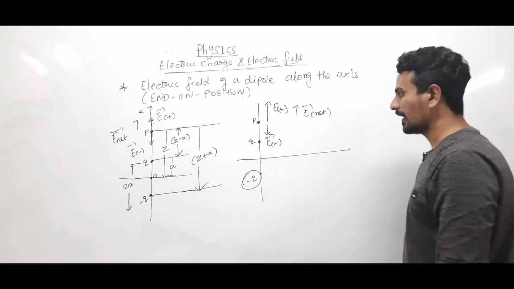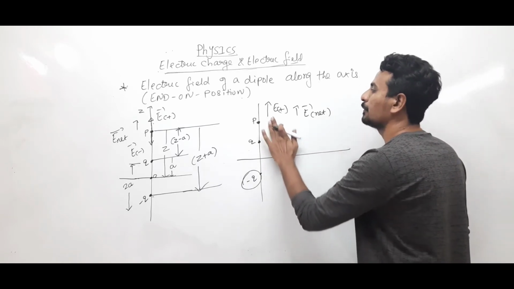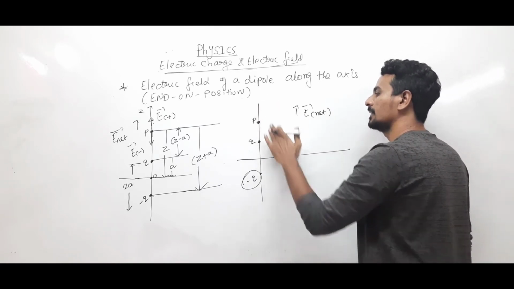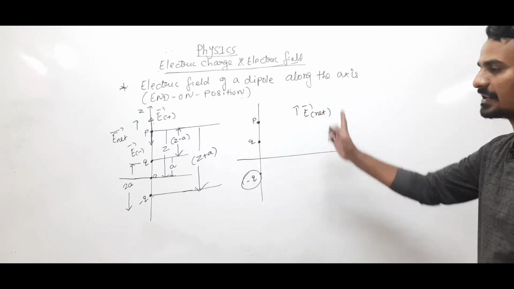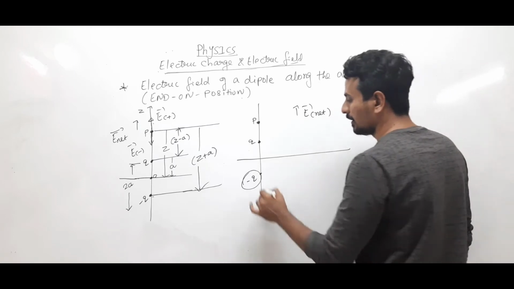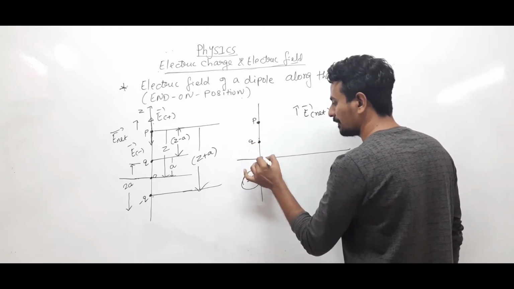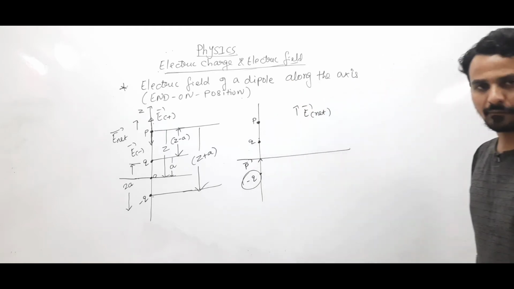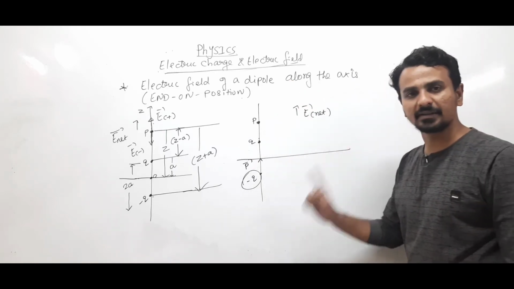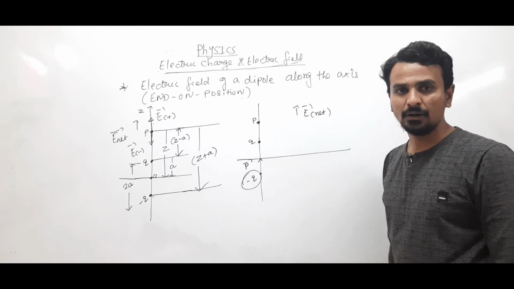So finally, because of the dipole along the axis, the net electric field is in this direction. With minus q and plus q, the dipole moment is from minus to plus, so the dipole moment will be in the upward direction. The net electric field in this case is also upward.